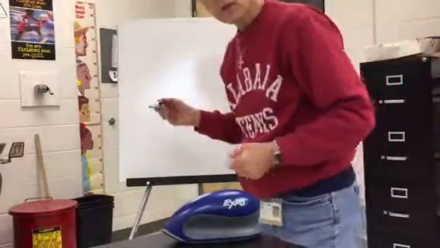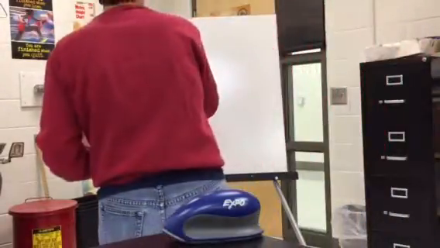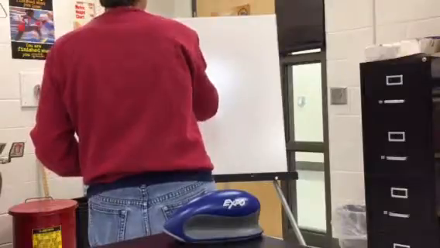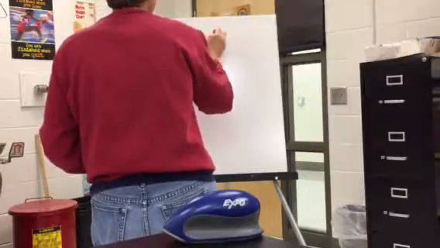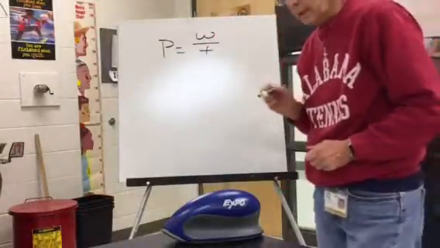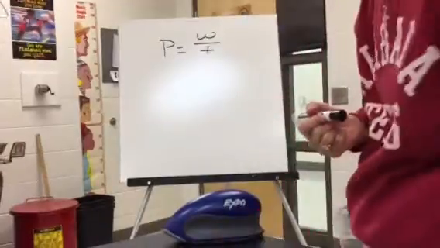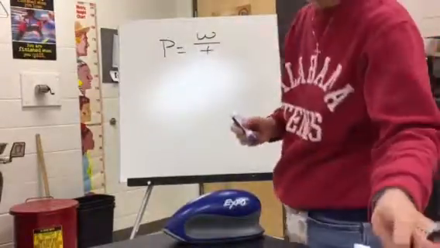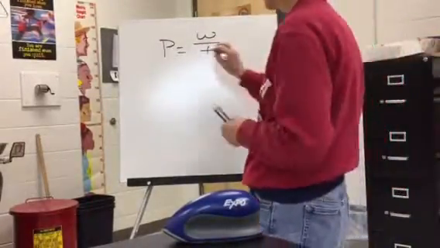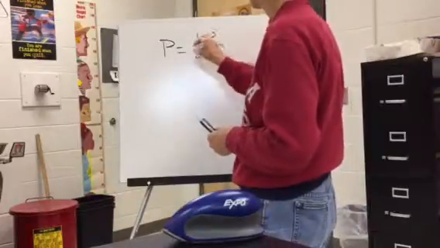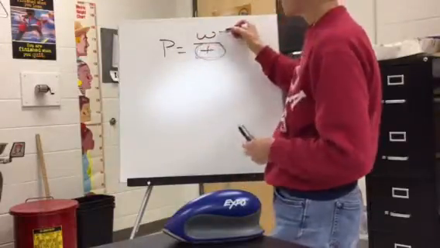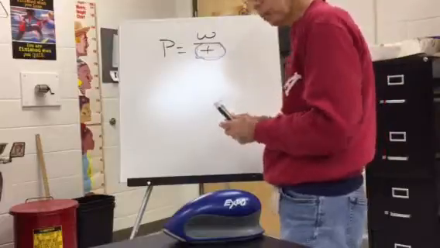All right, let's make up some numbers, like we did yesterday. Power is equal to work over time. Now, please remember this. Whenever you move anything, you're going to move this, not the top variable.